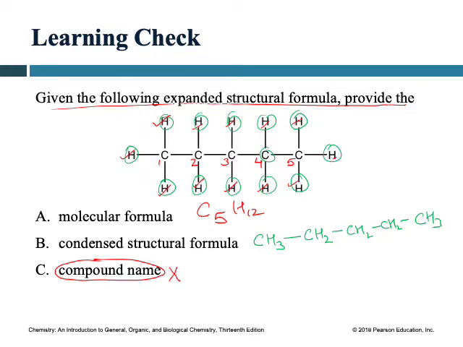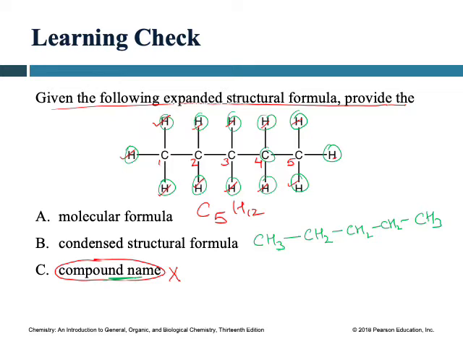So this is the condensed structural formula where you can see carbon and hydrogen and the bonds only between carbon and carbon, right? We're going to learn how to name this compound, but I'm going to write it right now, and you can see it later on.